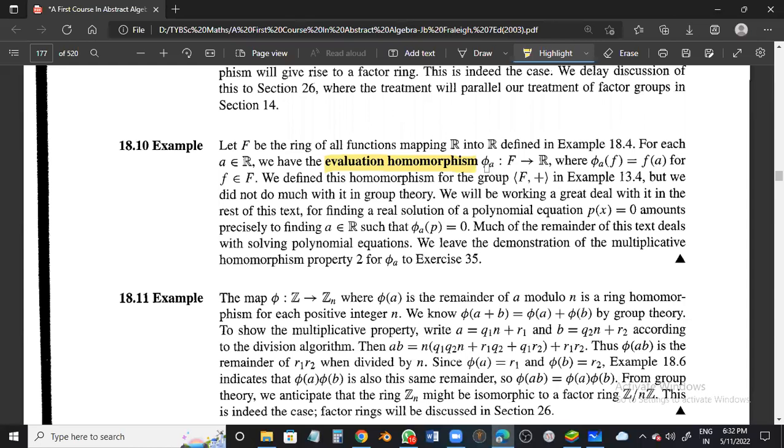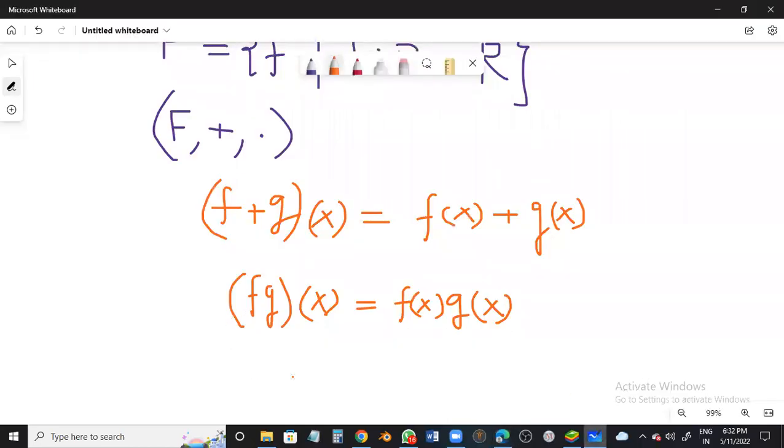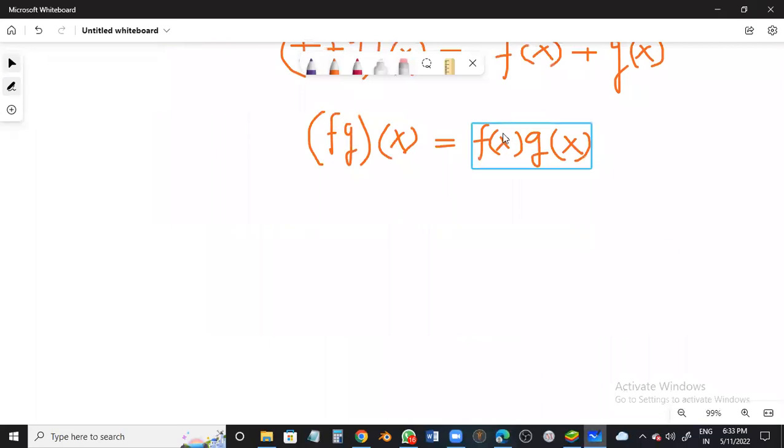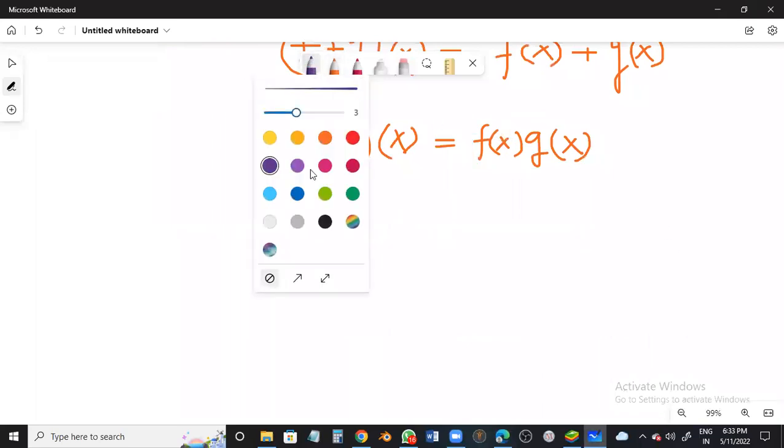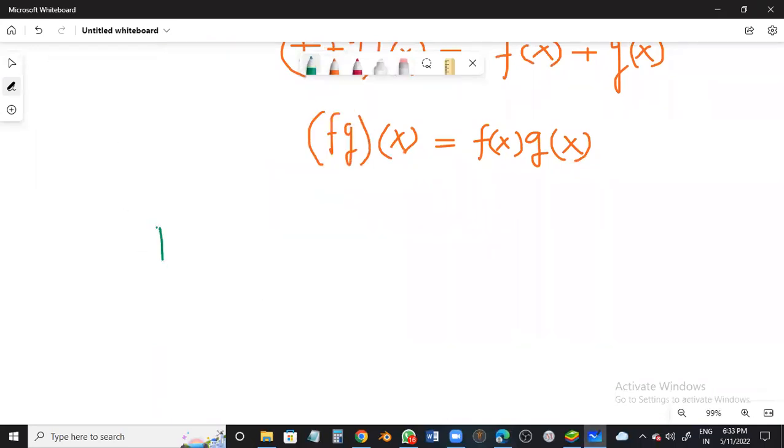So phi of A, when operated on F, gives you F of A. So let us see. We have two rings with us. I would like to go by another color. See here, I have the set of functions as my domain and the ring of real numbers as the codomain, and let us define our function phi.